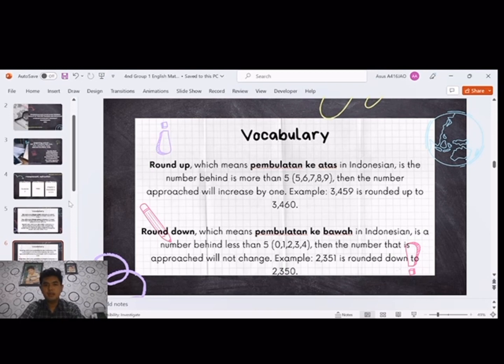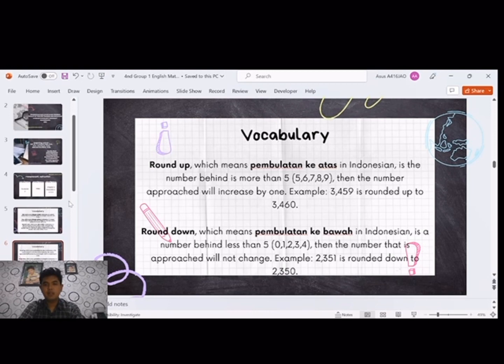Then the number before it will increase by 1. Example, 3.459 is rounded up to 3.460.